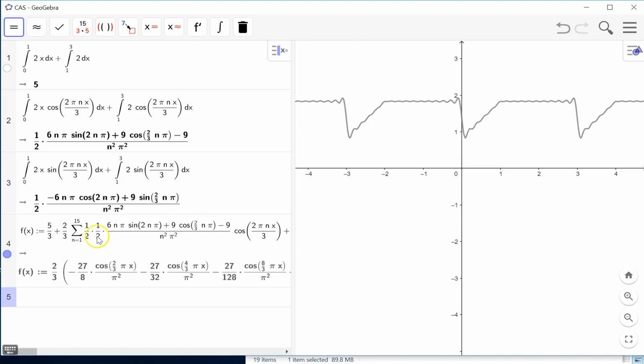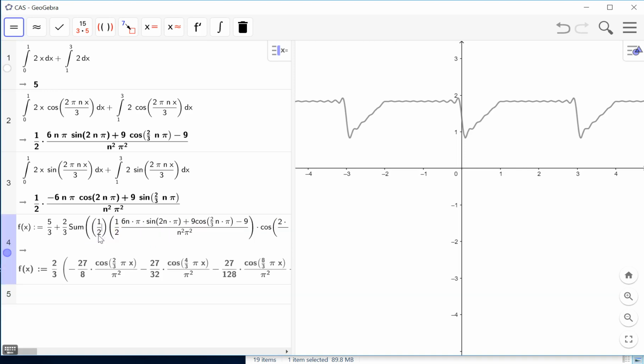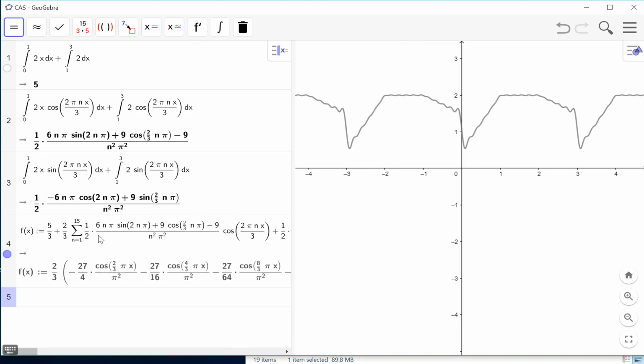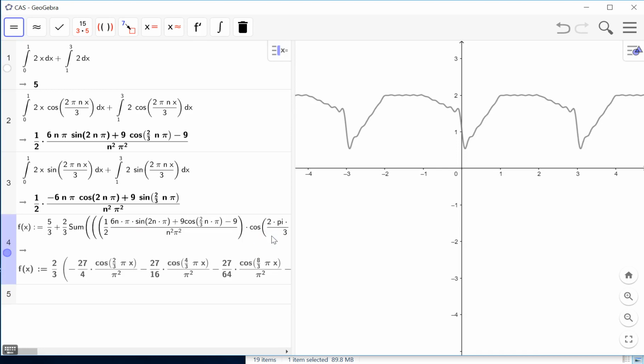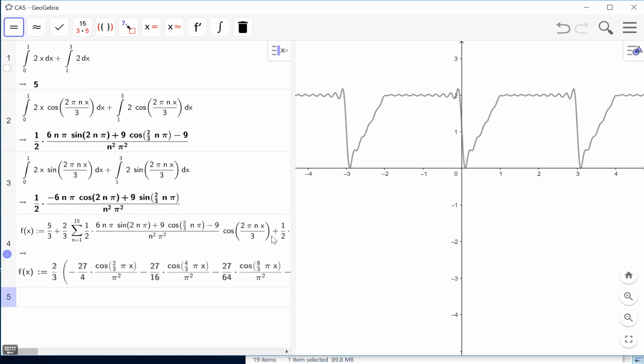Okay. So what did, oh, there's an extra half in here for some reason. Let's see if I can get rid of this half here. Ooh, must be another extra half over here. Yep, let's get this out of here. There we go. Now we got it.